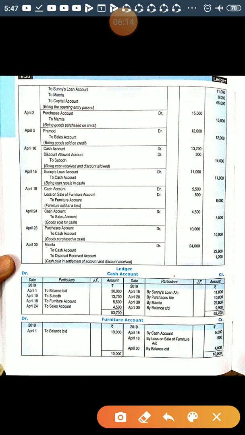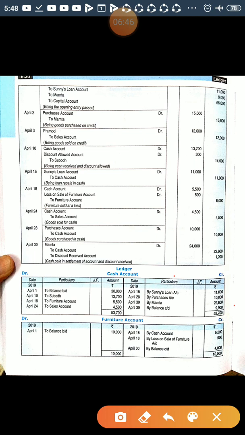At the end of the year, their balances are directly transferred to either the trading account or profit and loss account. We will discuss that later, but today my concern is to show you how to post and how to balance. So I am going to balance only the assets accounts, liabilities accounts, and capital account.